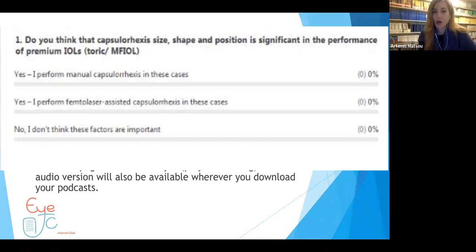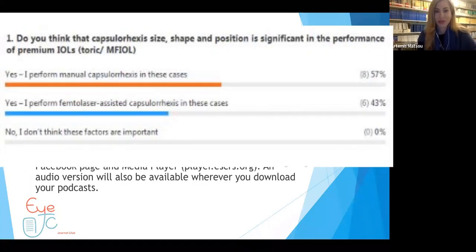And 3, no, I don't think these factors are important. 50-50 again between manual and femtosecond-assisted capsulorhexis.